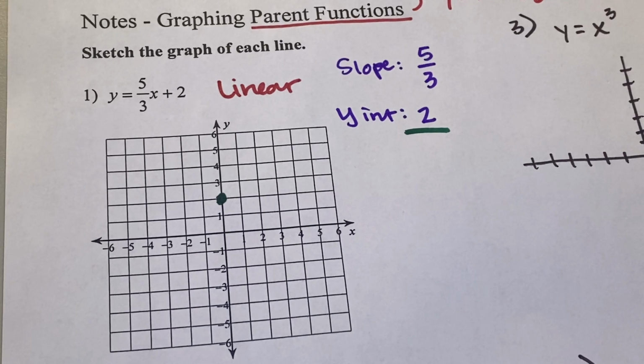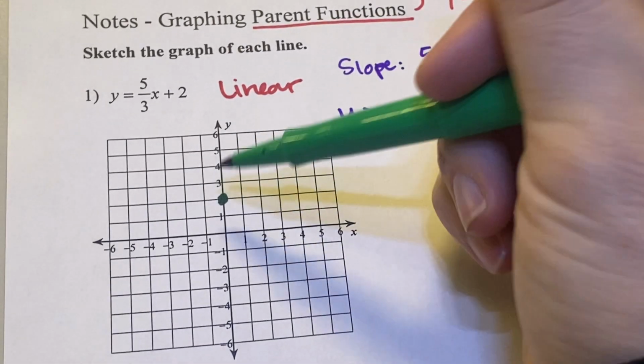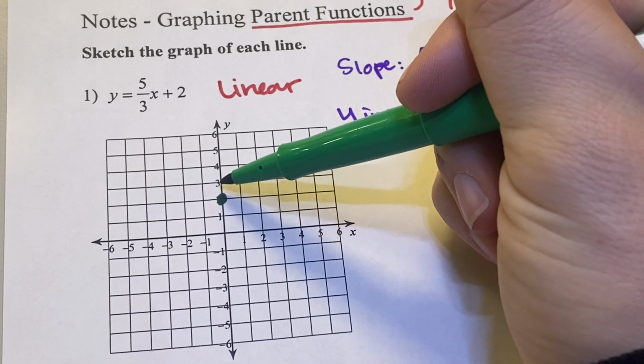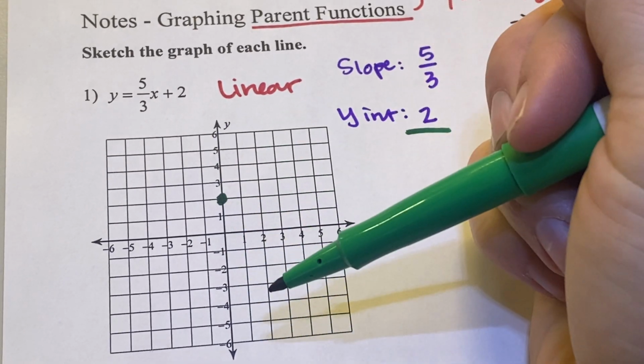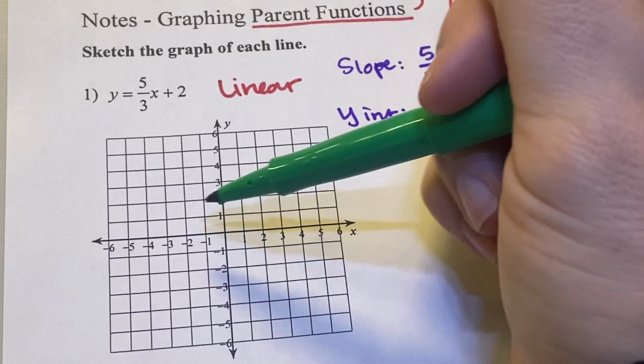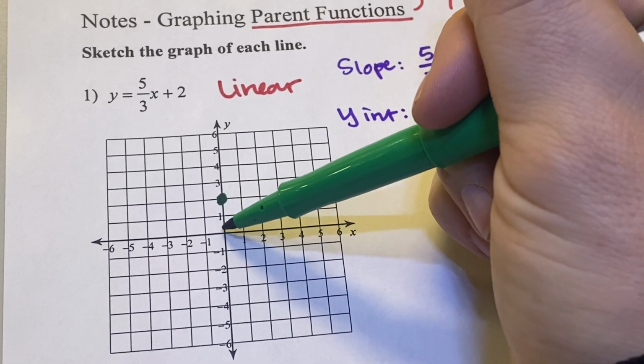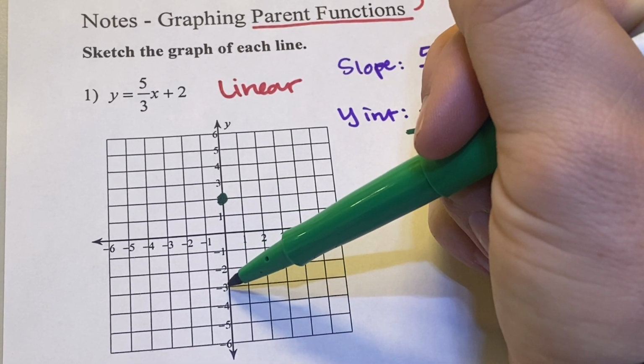Okay, now we use our slope to just count to our next points. Remember rise over run? Yeah, remember that? I taught all of you guys that. Okay, sweet. So let's see, we're gonna rise 5. 1, 2, 3, 4. Oops, don't have room to rise 5. That's okay. Let's go down 5 instead. 1, 2, 3, 4, 5.